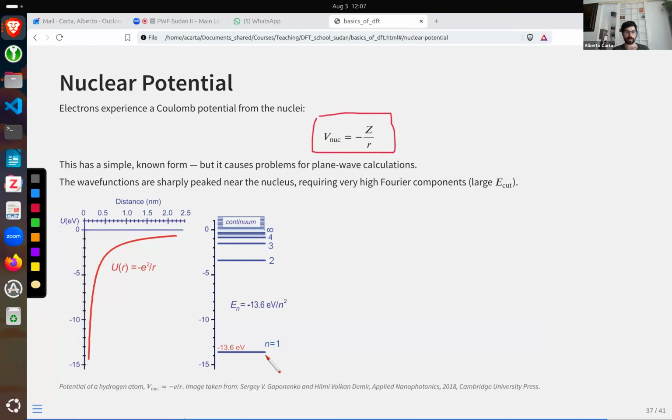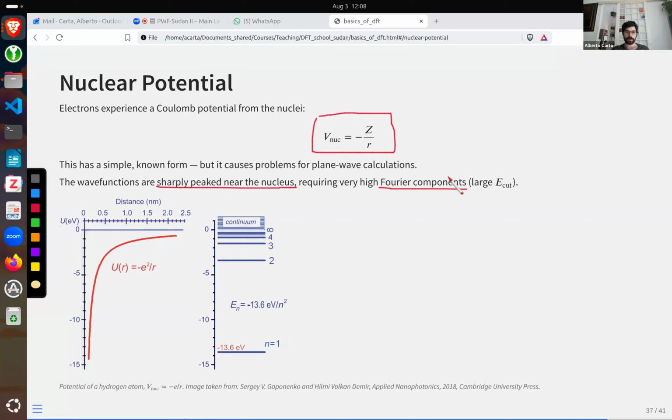So we have very well separated states, one from the other. The important thing here is that the wave functions associated with this Coulomb potential are very sharply peaked near the nucleus. They wiggle very fast close to the nucleus, and this could make the calculation very complicated.